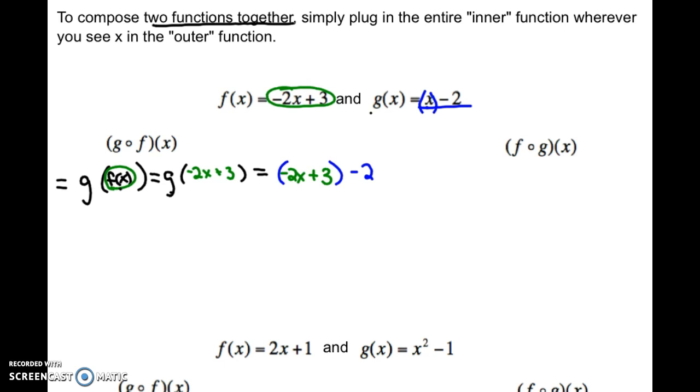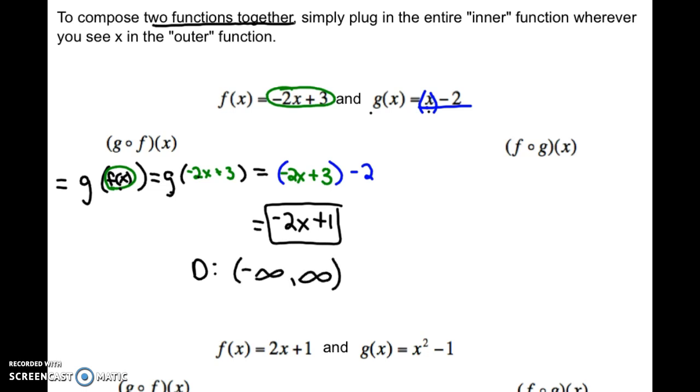So we changed out the middle and made it the green, and then we plugged the green into the outside. And there's nothing to distribute on our parentheses, so I'm going to put like terms together. So negative 2x plus 3 minus 2 would be plus 1. And our domain is going to be all real numbers. It's going to be all real numbers unless we have a square root or a fraction.